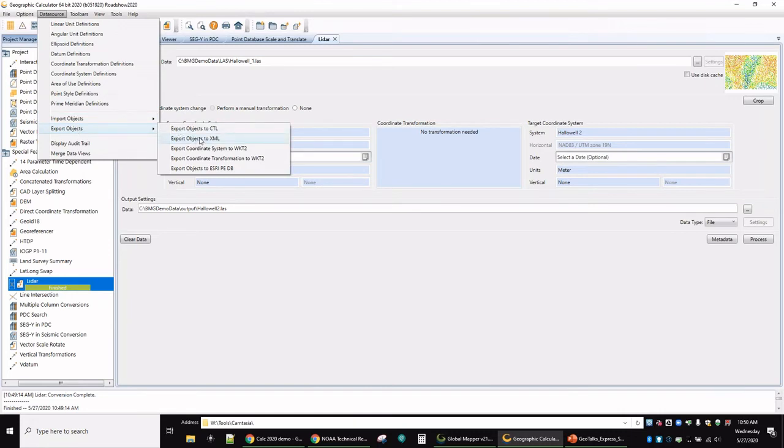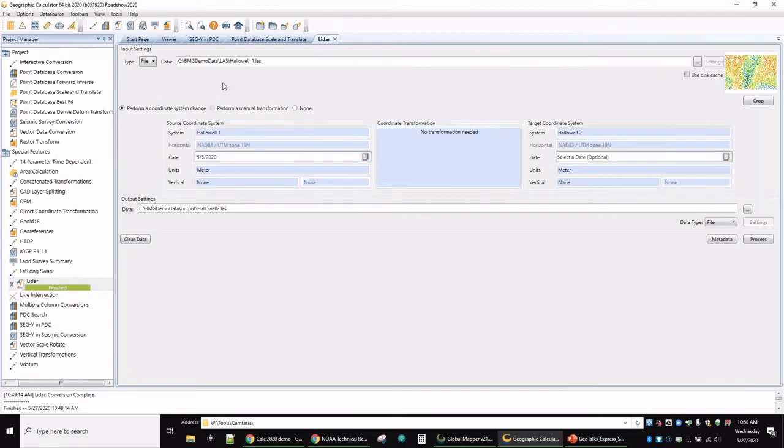We use the extension XSP, but what this does is it creates a self-contained file that has all the fitted parameters, and then anything that it relies on, for instance, the NAD 83 datum, the ellipsoid, all that information is packaged up together in this XML file. And then I can copy that and import it into a different machine, this one, and those systems become available.